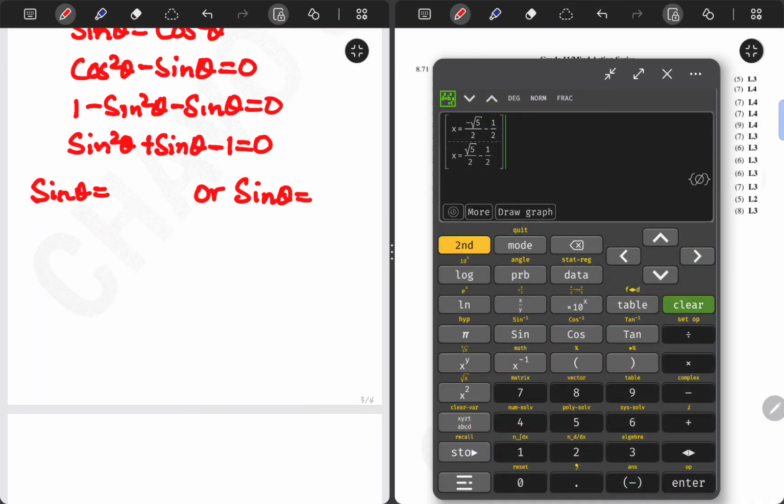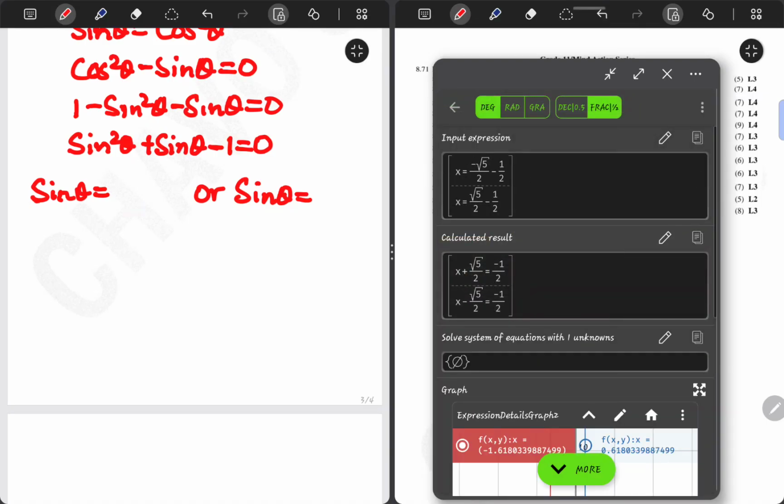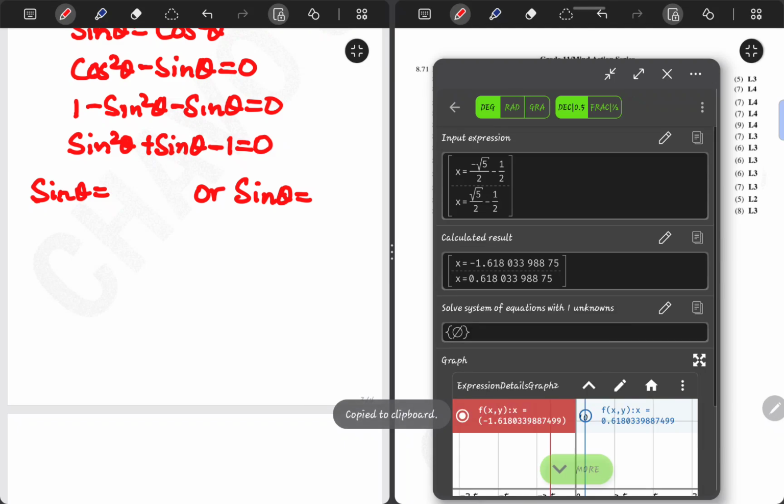I need my answer as decimal. Can I have those as decimal? Yes, I can. I can have them as decimal to 2 decimal places. The first one will be negative 1.62. The second one will be 0.62.